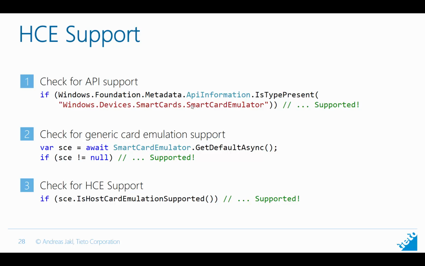In the second step, you check if this device actually supports emulated smart cards as well. So you just get the default device again. If it returns some device, you know it's working. If there's no device here, then you know, well, apparently this phone supports the API, but it doesn't have a smart card device included or attached.